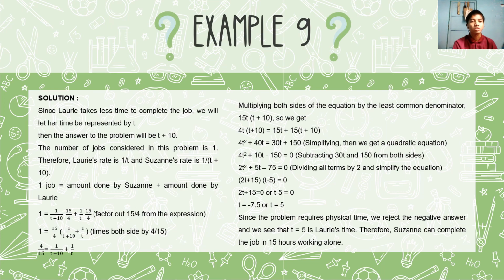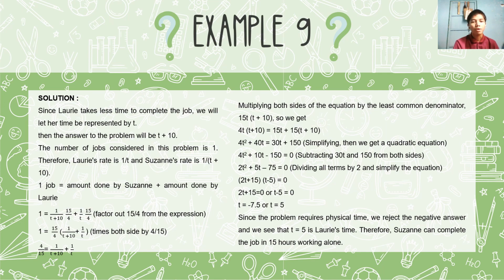The solution: since Laurie takes less time to complete the job, we will let her time be represented by T. Then the answer to the problem will be T plus 10. The number of jobs considered in this problem is 1. Therefore, Laurie's rate is 1/T and Susan's rate is 1/(T+10).